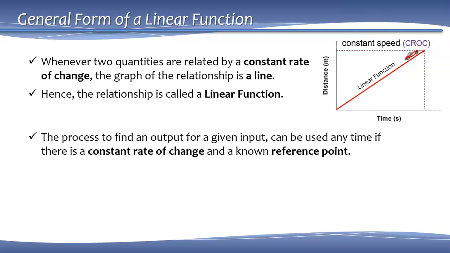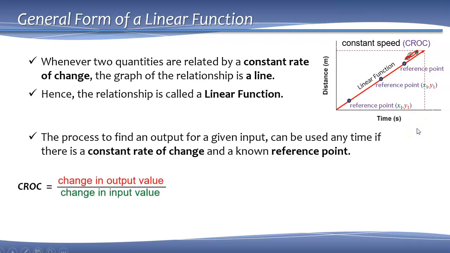In order to find the output of a given input, you can use this equation anytime if you have a constant rate of change and a known reference point. In a linear function, any point over the linear function you can use as a reference point, and the equation is always going to be the same. So the constant rate of change, remember, is the change in output divided by the change in input.